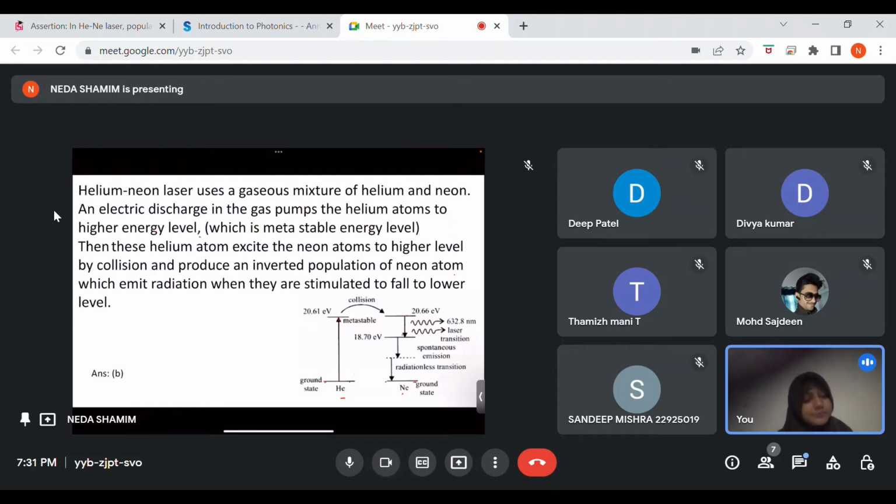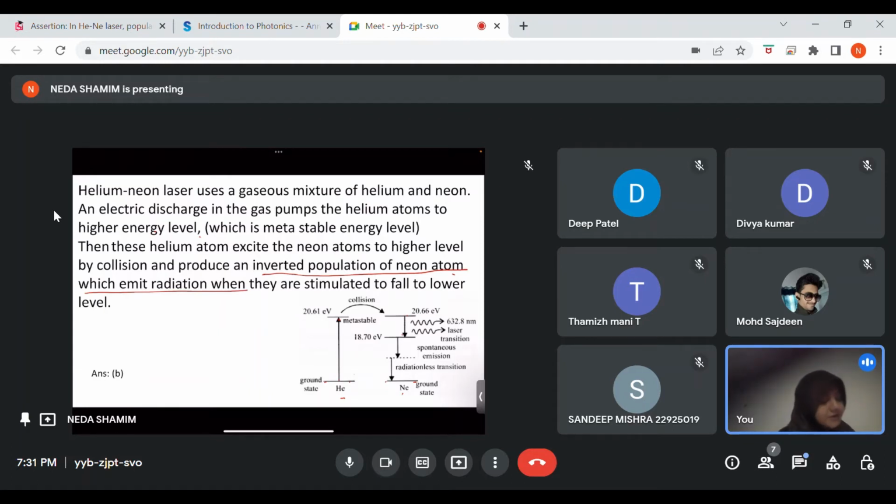As I said, for optical amplification to happen, we need a longer lifetime of the excited state. So neon atoms have this speciality that the lifetime of the excited states is quite long. Then these helium atoms excite the neon atoms to a higher level by collision, and this will produce an inverted population of neon atoms which emit radiation, and when they are stimulated they fall to lower levels.